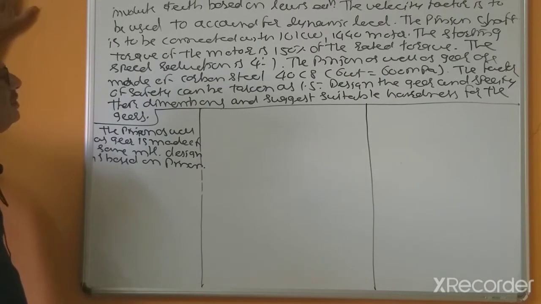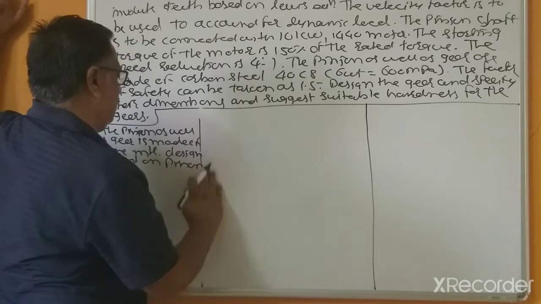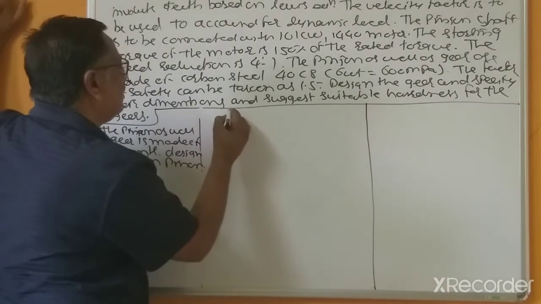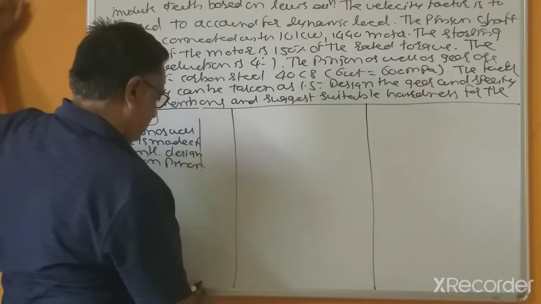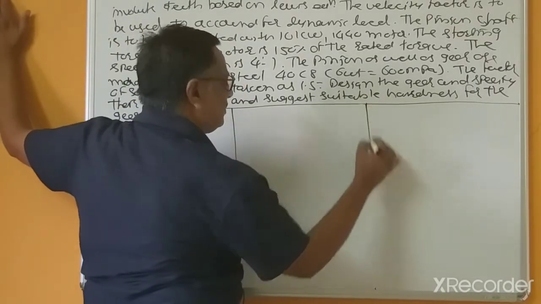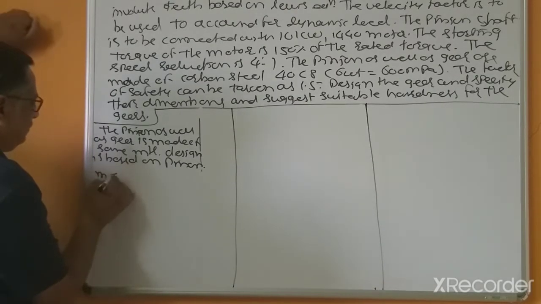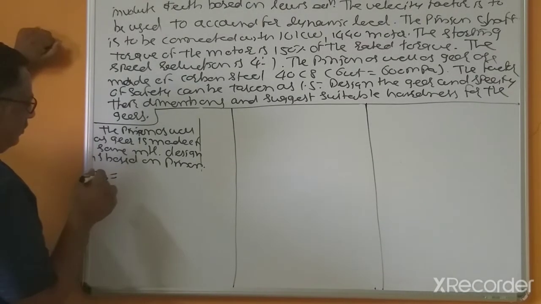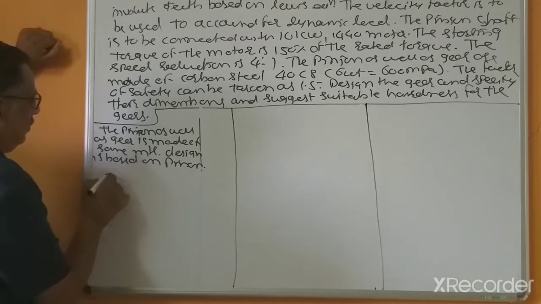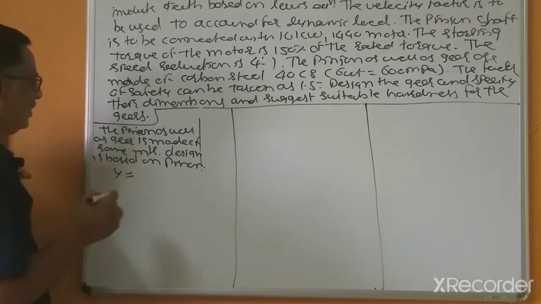For the estimation of the module, m equal to... we need Y, because this is the tooth form factor.